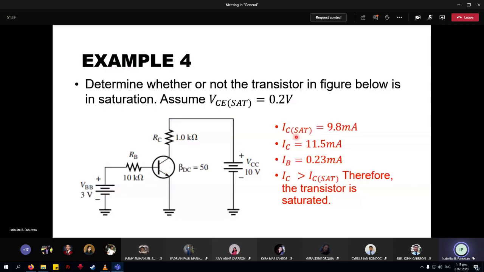Once you have the information about the IC sat and the IC, you will be able to say if the transistor is saturated, if the transistor is operating on the saturation region on the left side of the knee. So here you can see that the IC is greater than the IC sat. So therefore, the transistor is saturated. So if not, sabihin mo lang, therefore, kapag hindi naman, then the transistor is not saturated.